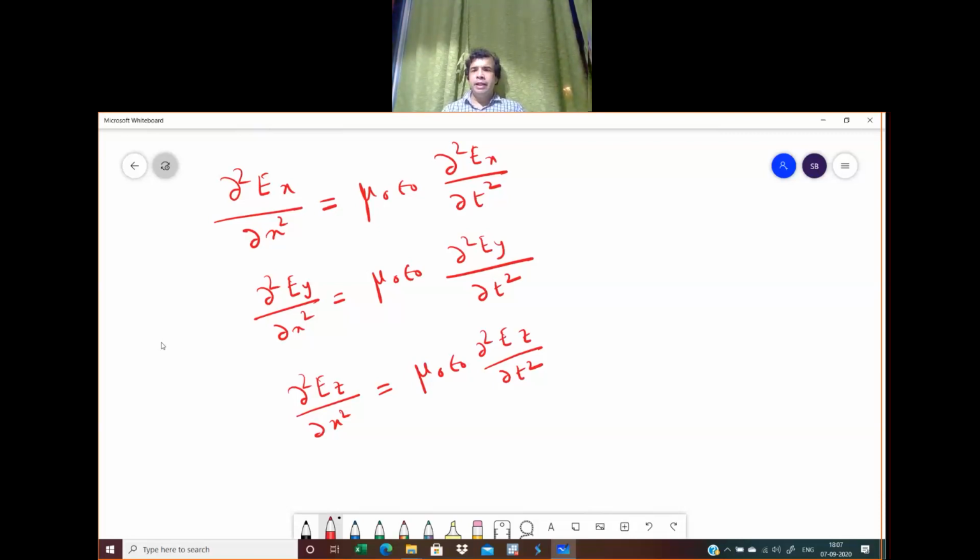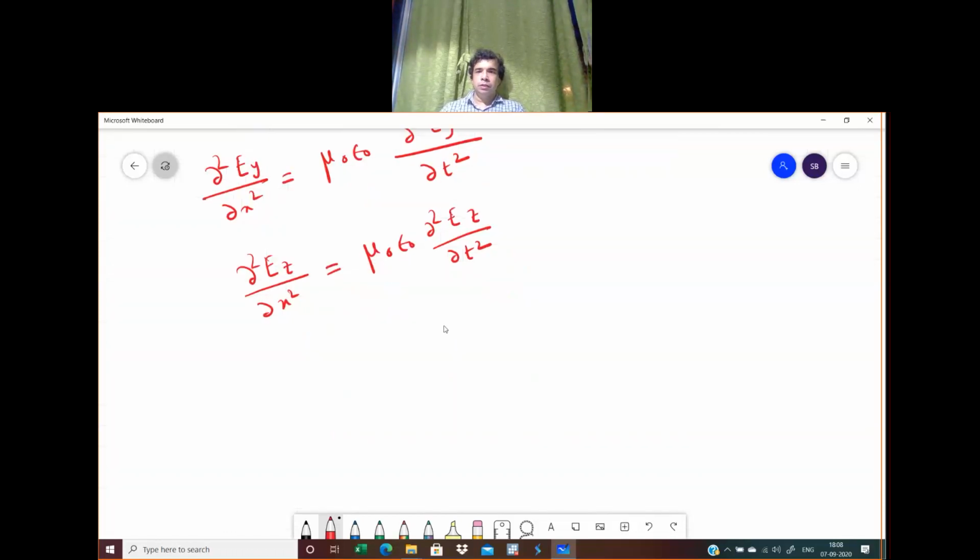Now, can any further simplification be possible? Let us see. We also have this from Maxwell's equation. We can write this. Let us expand this. What do we get?